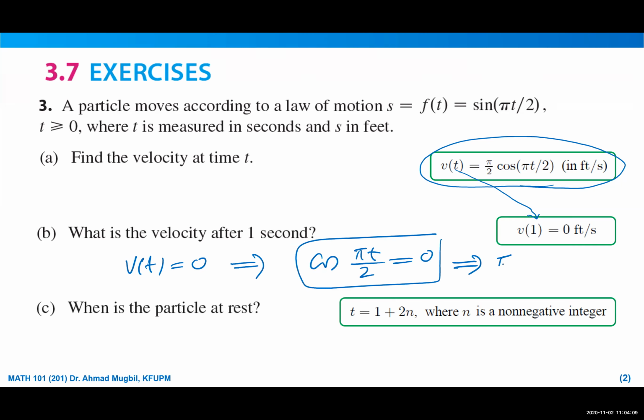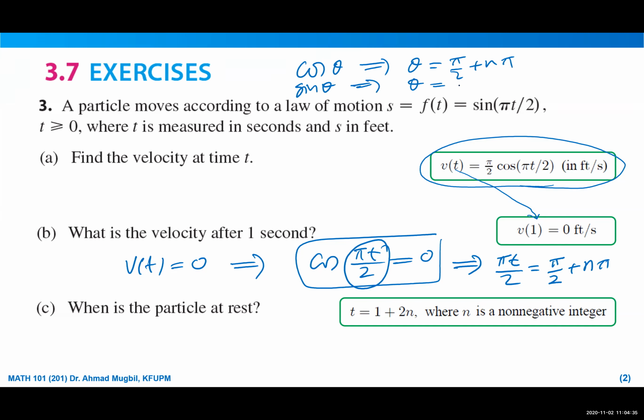This means that the angle inside cosine equals pi over 2 plus n pi. The zeros of cosine, ya shabab. Do you remember what are the zeros of cosine theta? They are theta equals pi over 2 plus n pi. And what are the zeros of sine theta? They are theta equals 0 plus n pi, which is n pi.